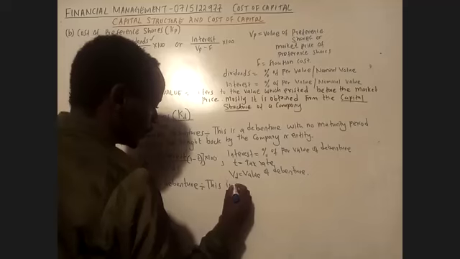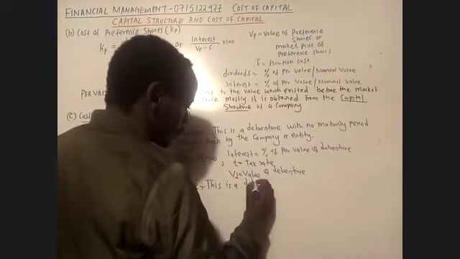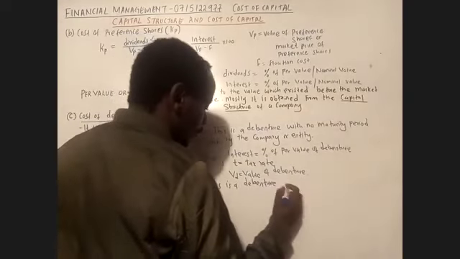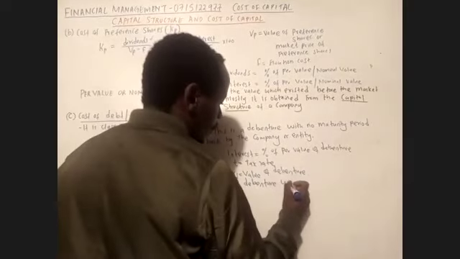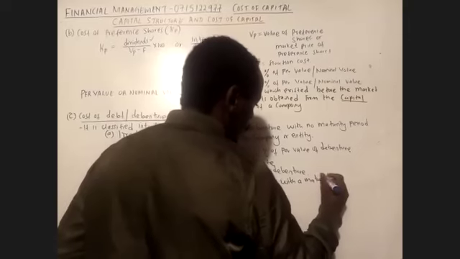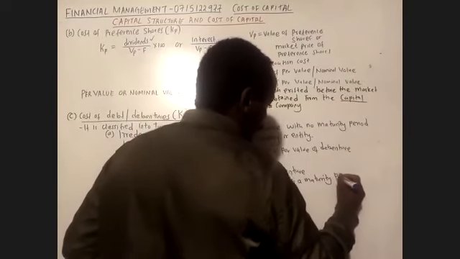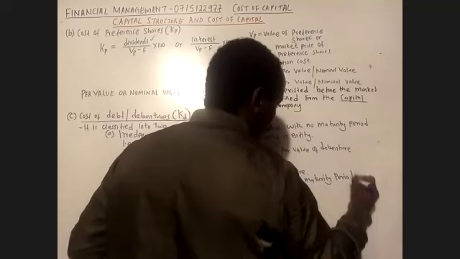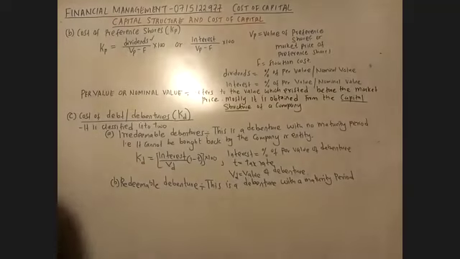This is a debenture with a maturity period. So the debenture with a maturity period is what we call the redeemable debenture.